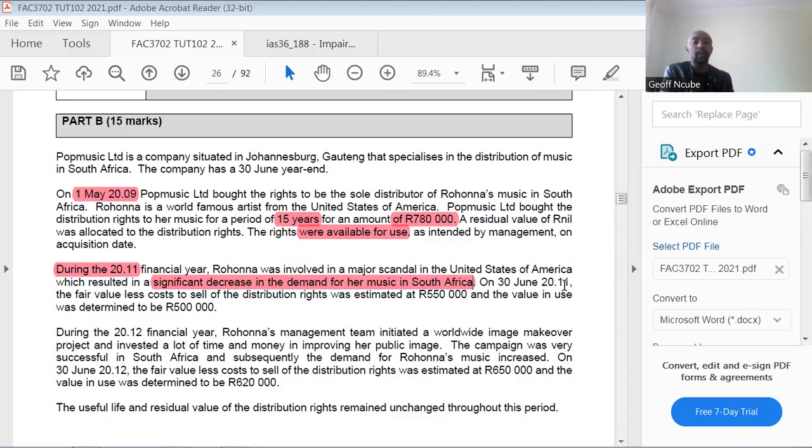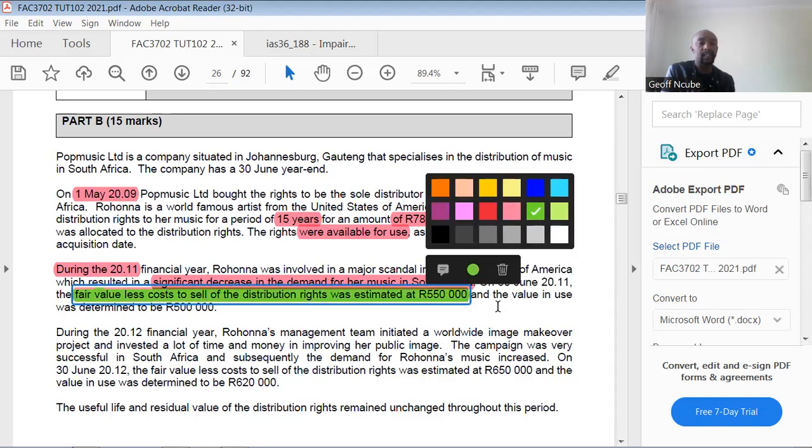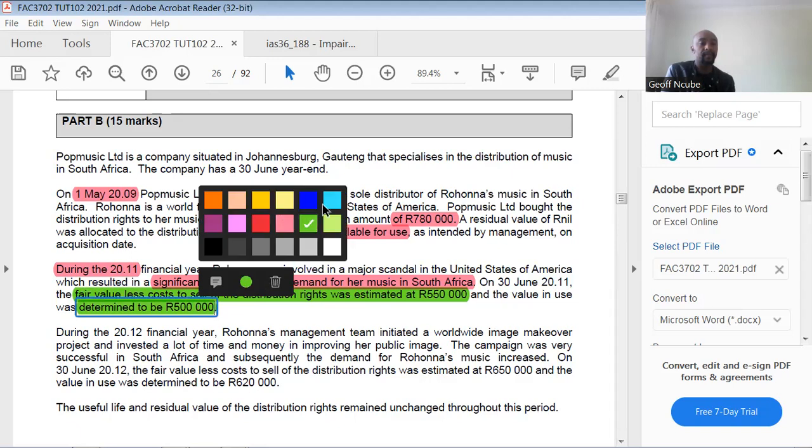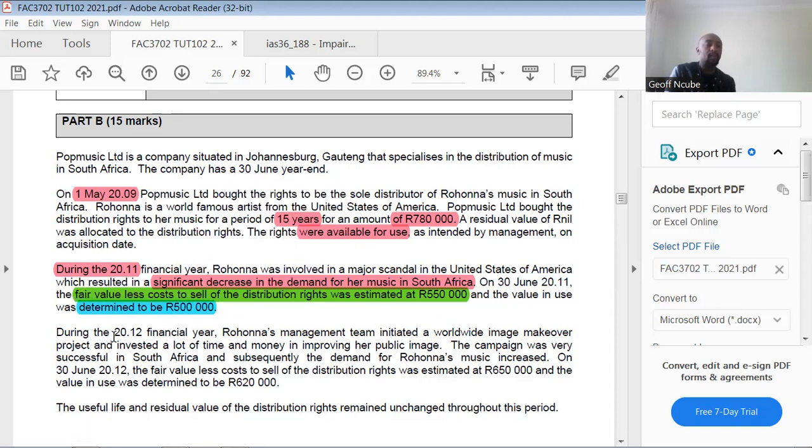On 30 November 2011, the fair value less cost to sell is given there. Value in use is also provided. So I will not read the other part because for 2012, this one involves reversal. I'm not doing reversal now. So with this information, let's calculate our impairment loss.